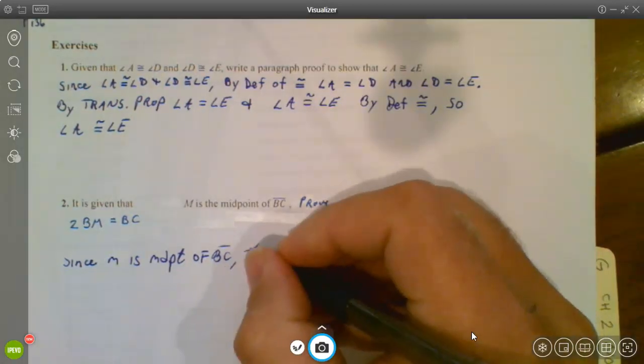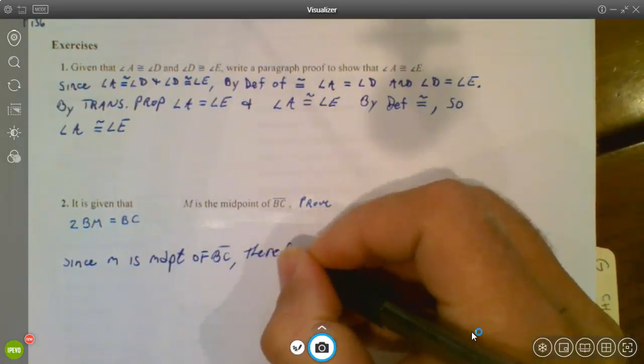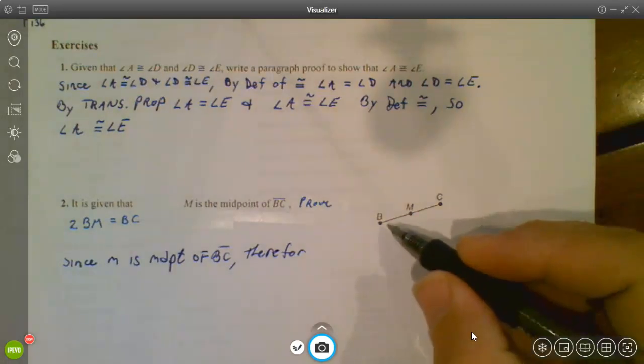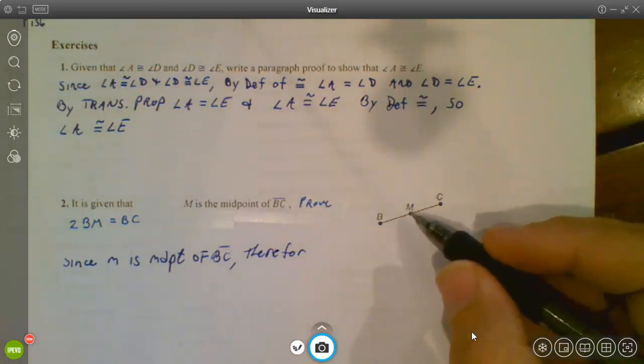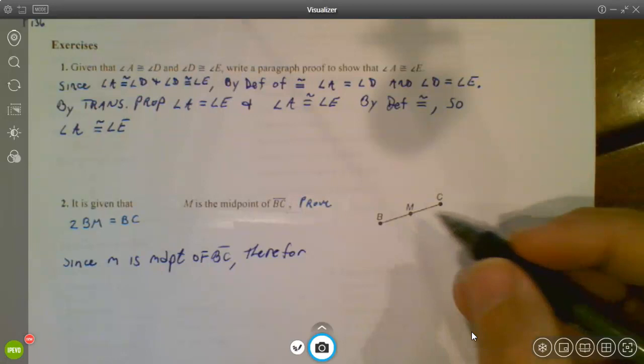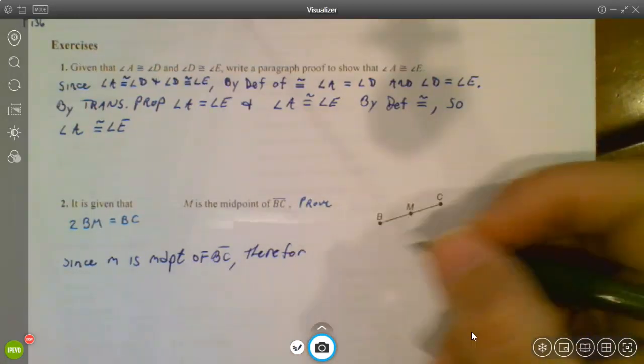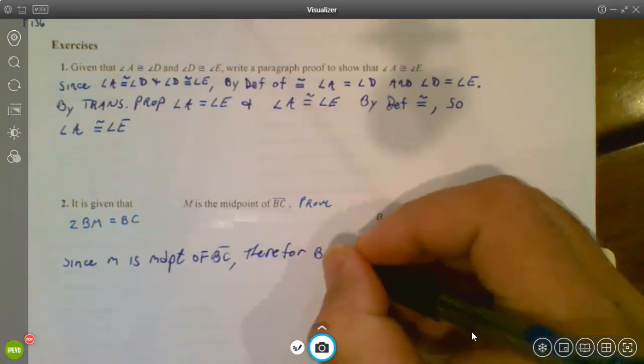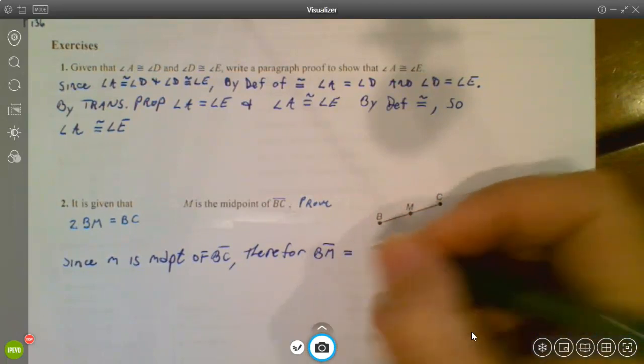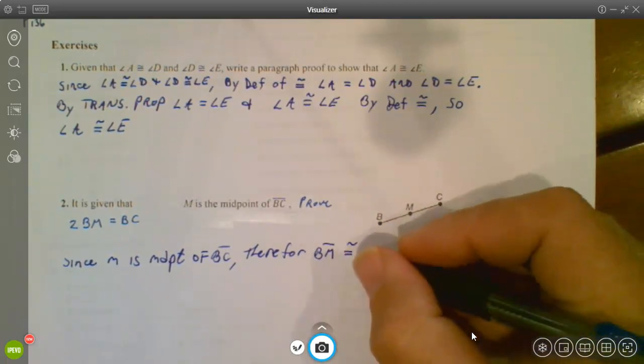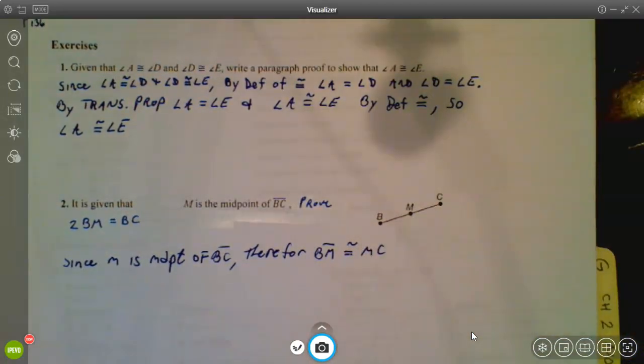Therefore, we know that BM is congruent to MC. And how do we know that? You always need a reason to back up your statement.